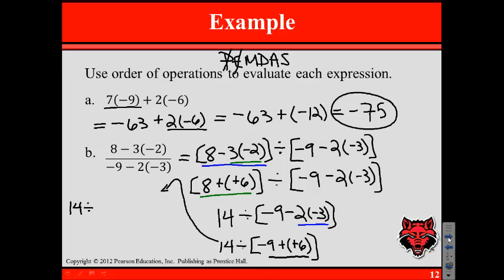We now add the two values inside of the grouping symbols. Negative 9 plus 6 is negative 3. Now, because this doesn't work out perfectly, 14 divided by negative 3, I'm going to rewrite this as a fraction. 14 over negative 3, which is the same as negative 14 thirds.